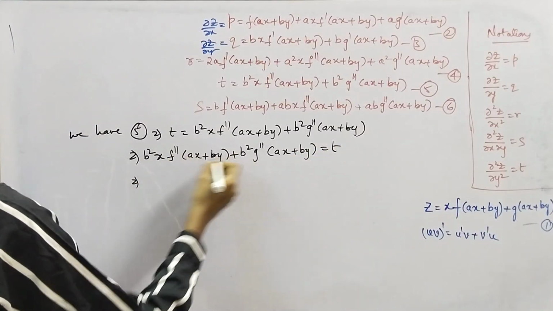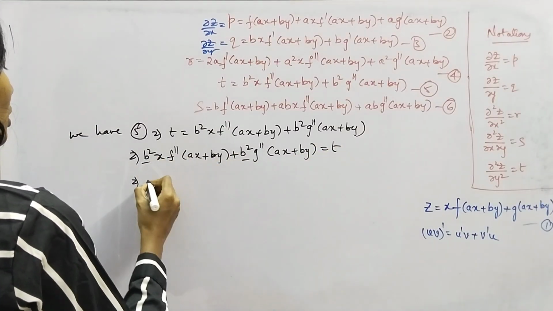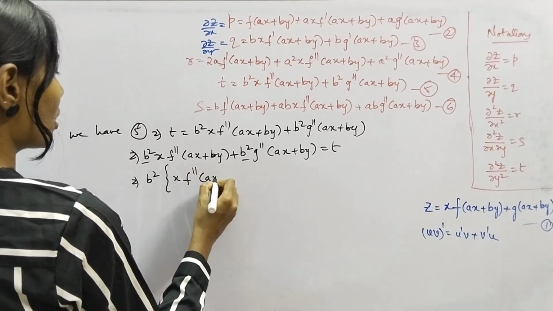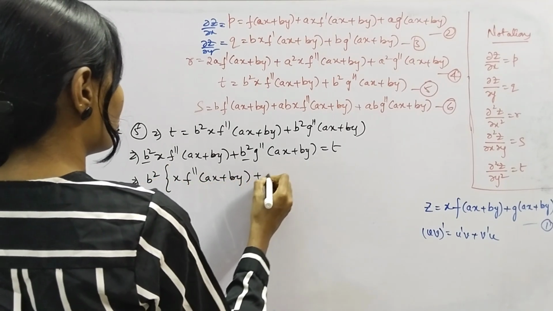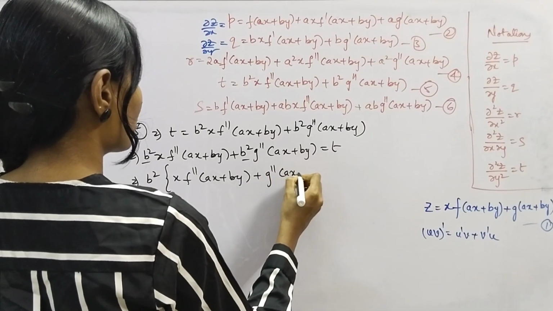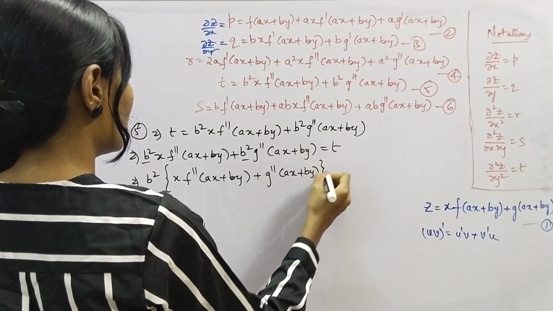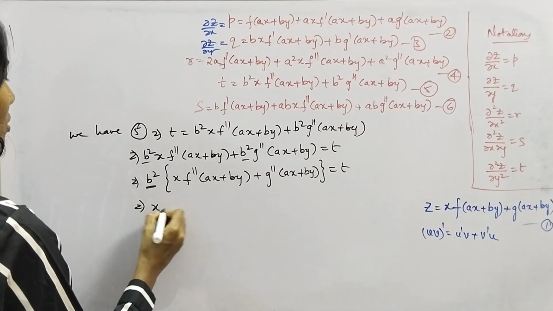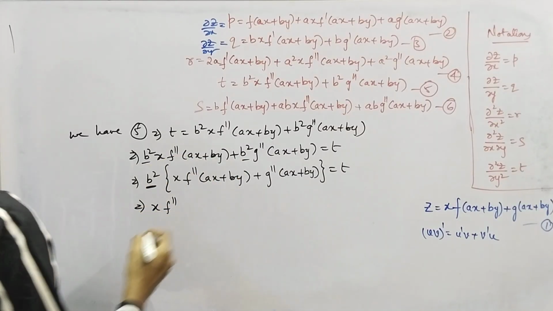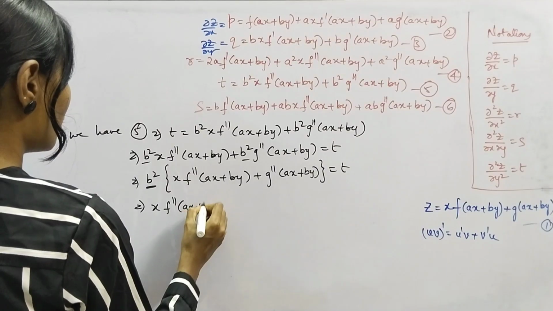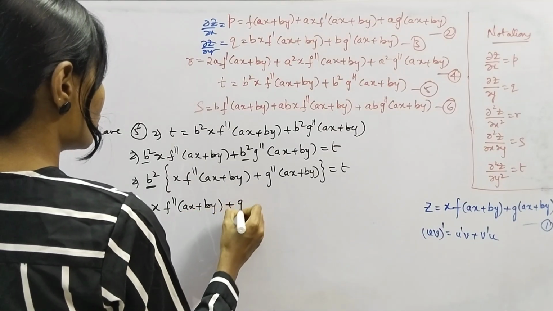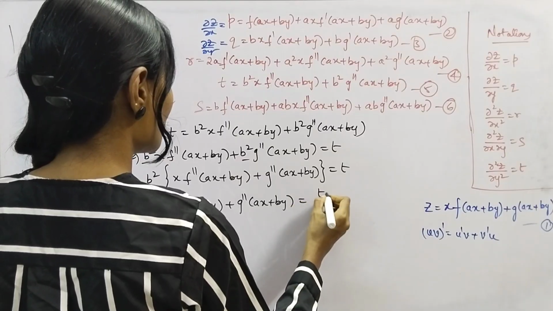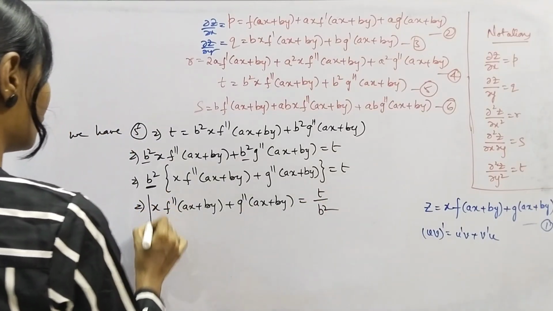Now let's take b² common from these two terms. We'll get b² times x into f'' of (ax+by) plus g'' of (ax+by) equal to t. Now take this b² to the RHS, you'll get x into f'' of (ax+by) plus g'' of (ax+by) equal to t by b².